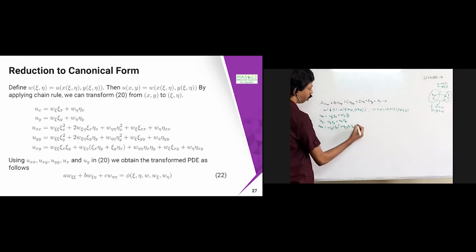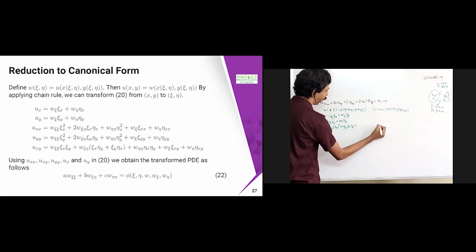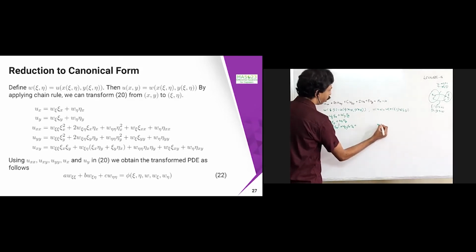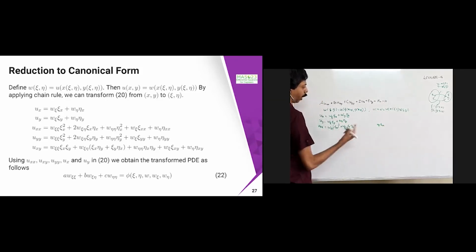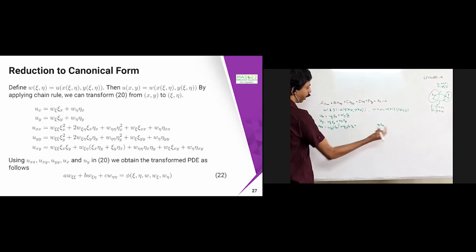Similarly, here I have one more term, w chi into eta x, xx. I got to differentiate this one with respect to again the x variable. So w chi eta w chi xx is going to come.